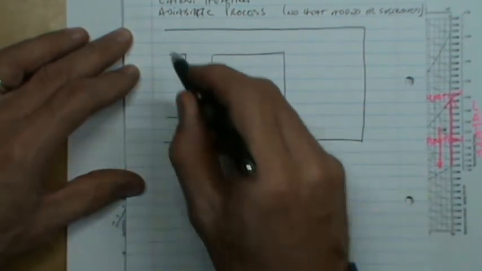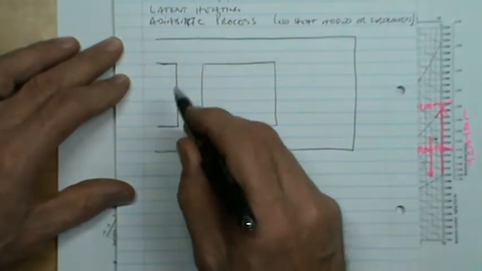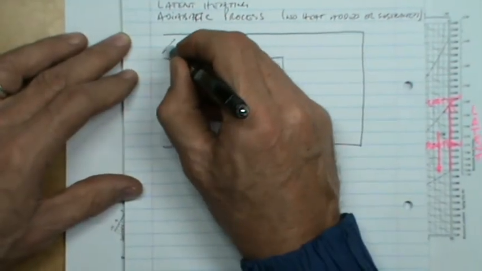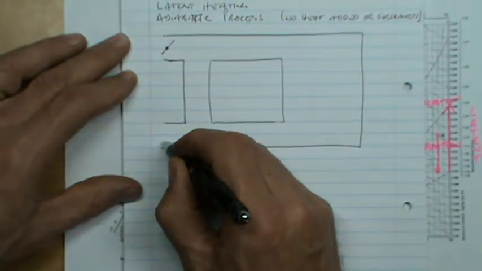It's a diagram to depict what takes place in an air conditioning unit.